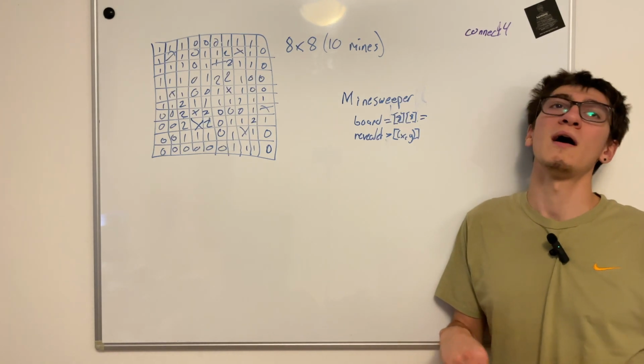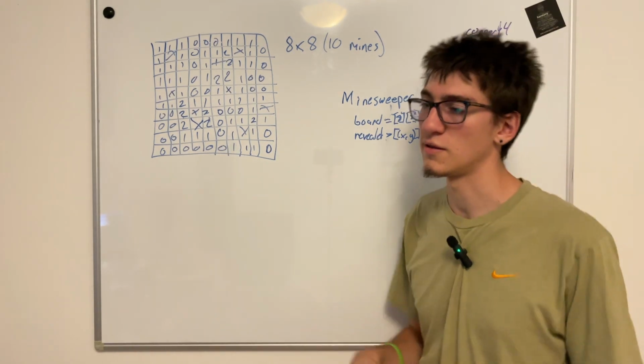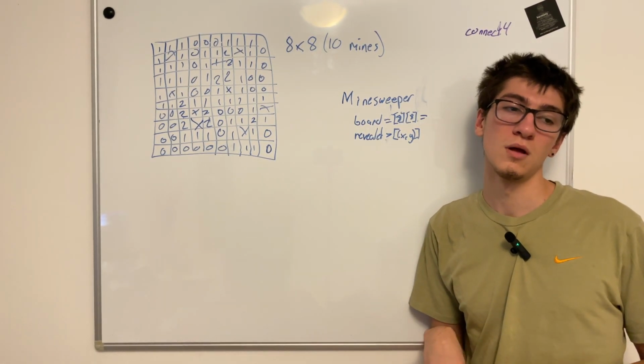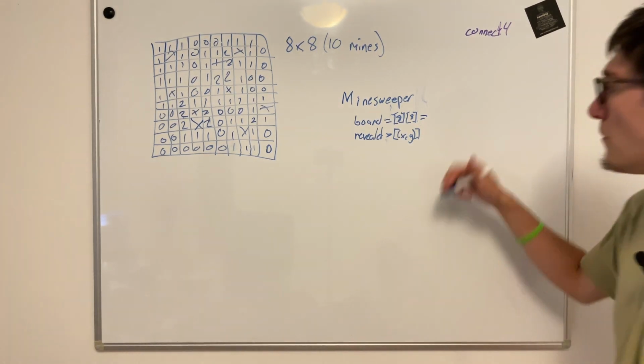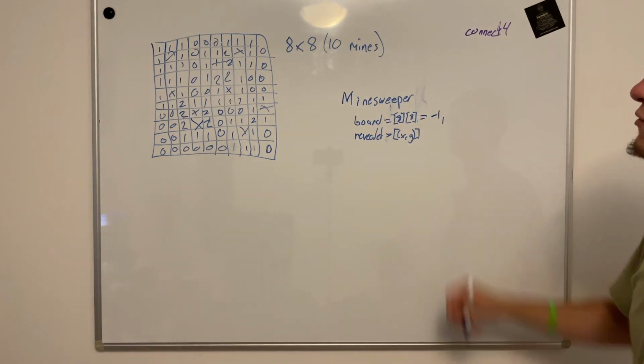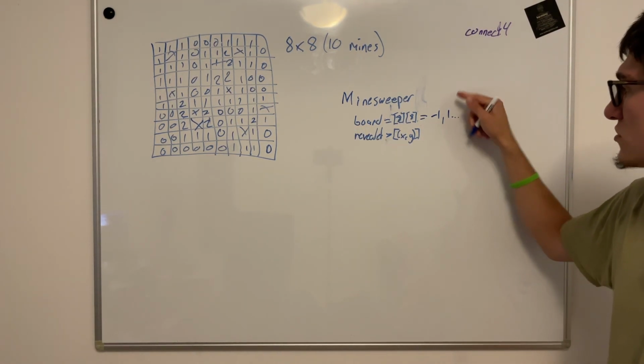So we would have, let's say, 0 through 8 for the tiles, and then maybe -1 for the mines. Yeah, I think that's fine. So the mines would be -1, and the rest, the tiles, would just be their number, right? 0 through 8.